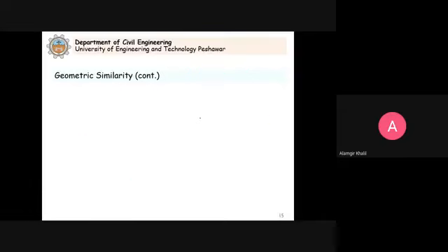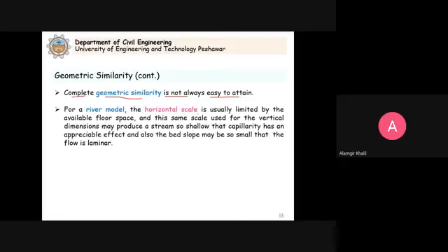Let me go to the next slide, where you see here complete geometric similarity is not always easy to attain. What is the reason?